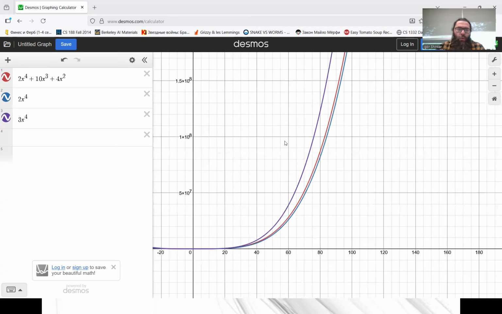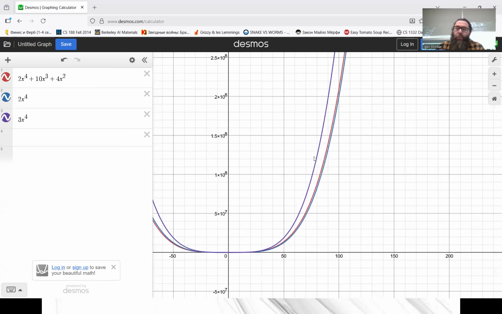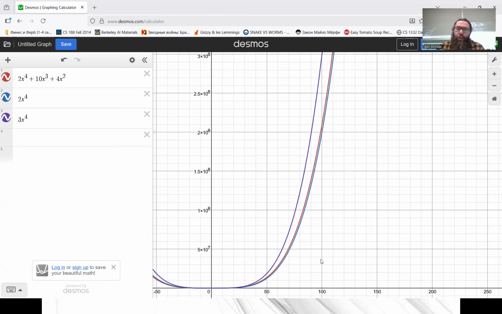So what are we seeing here? Red is the actual running time, and blue and purple are these bounds, from above and from below. If you look from really far away, for large values of n, then if I write simply 2 times x to the 4 or I write the actual function, it makes very little difference.